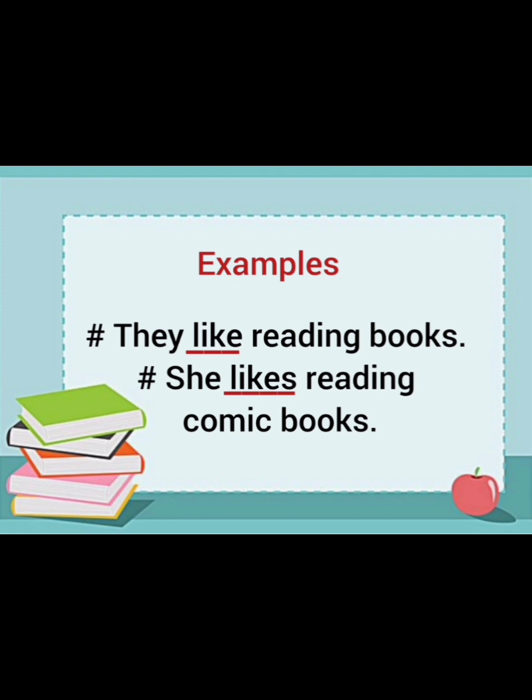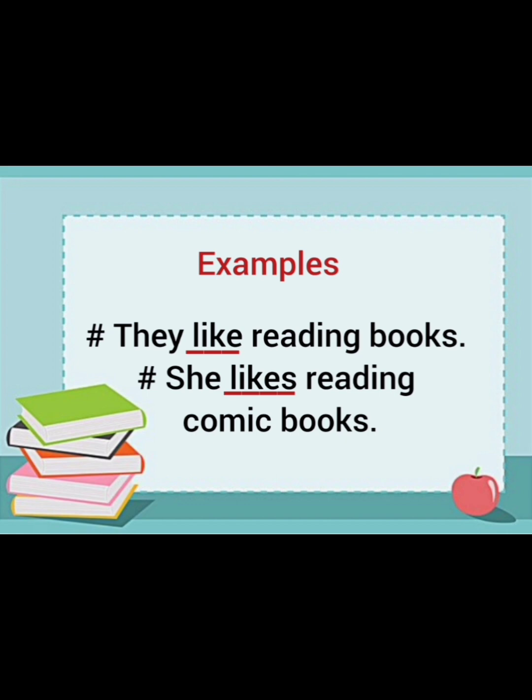Now, in this sentence, like is a finite verb because I can change it into another form. For example, she likes reading comic books. So, like in the first sentence was present tense, and likes in the second sentence is in the present tense.